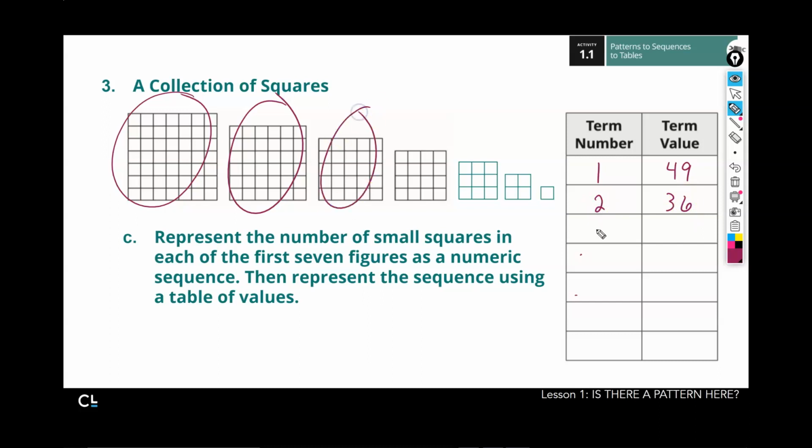In our third box, we had 25 squares. In our fourth box, we had 16 squares. In our fifth box, we had 9 squares. In our sixth box, we had 4 squares. And in our last, 7th box, we had 1 square.